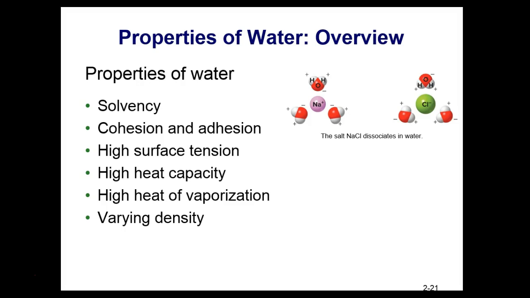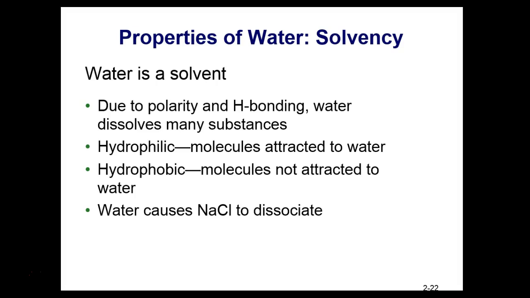They're showing you adhesion. And the cohesive part, well, they have a high surface tension, high heat capacity, high heat of vaporization, which is why we sweat, and varying density are the properties of water.